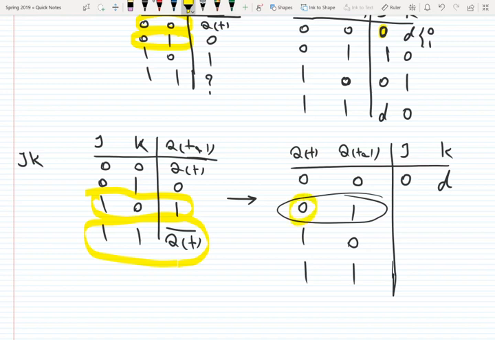So the output was 0 and was changed to 1. So for both 1 0 and 1 1, the output 0 will be changed to 1. So how do we show this? We say it is 1 and D.